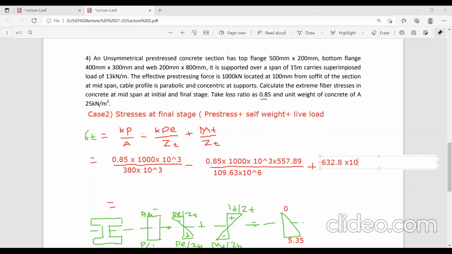So convert it to Newton mm, 10 raised to 6, divided by 109.63 into 10 raised to the power 6 mm cube. Calculate these values.